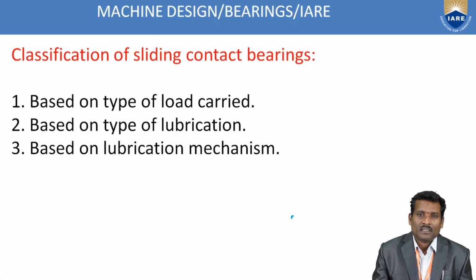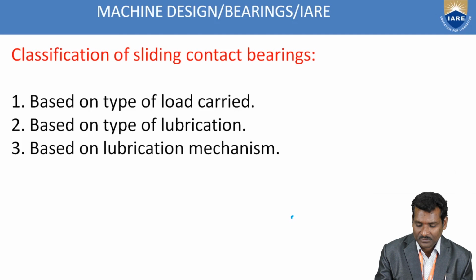Next again, the sliding contact bearings are classified into different types. One is based on type of load carried, the second one based on type of lubrication, and the third one based on lubrication mechanism. How they are classified under these three categories we will see in coming videos.